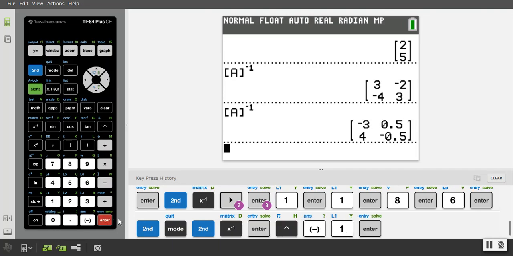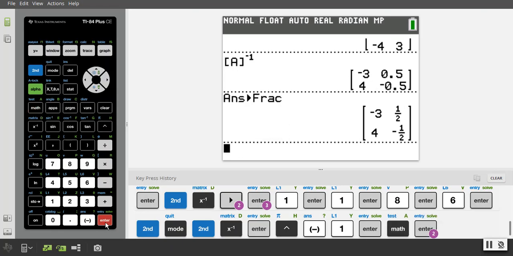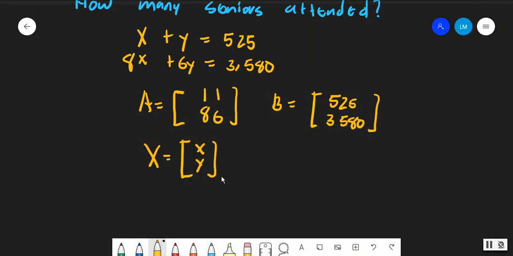Now we might get some decimals, which we can fix by going to mathfrak, and that's going to give us -3 1/2, 4, -1/2. So here we found that A inverse is equal to 3 -1/2, and then I believe it was -4, -4 1/2. Let's go ahead and check this out.